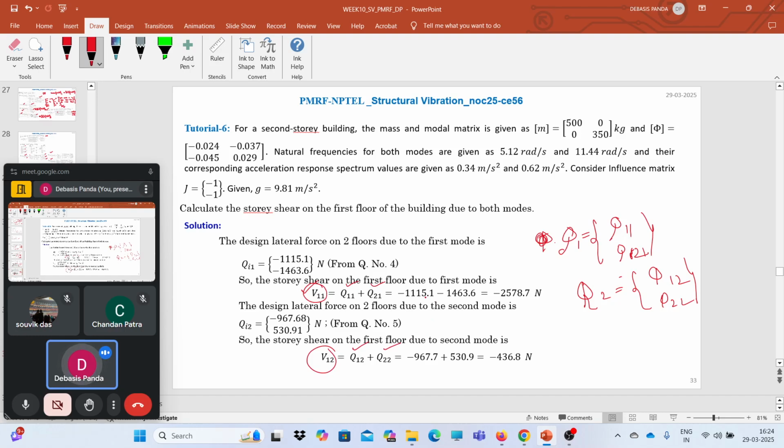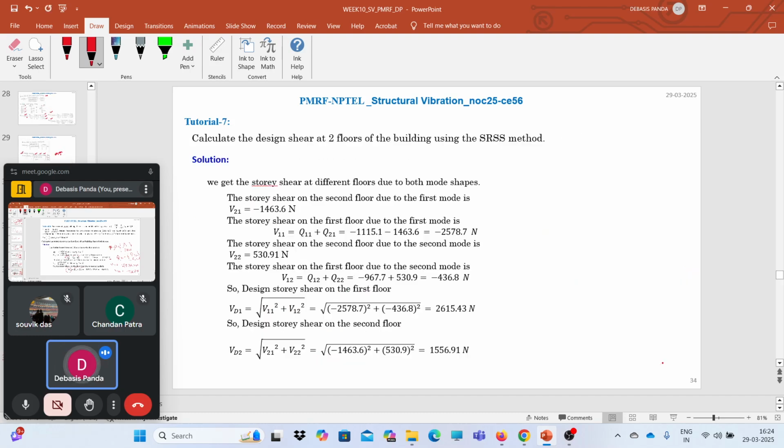Once we have the values of Q1 and Q2, we can easily add them up to get the Storey shear at each floor. So the Storey shear for the first floor, that means V11, comes as minus 2578.7 Newton, and V12 comes as minus 436.8 Newton, right?